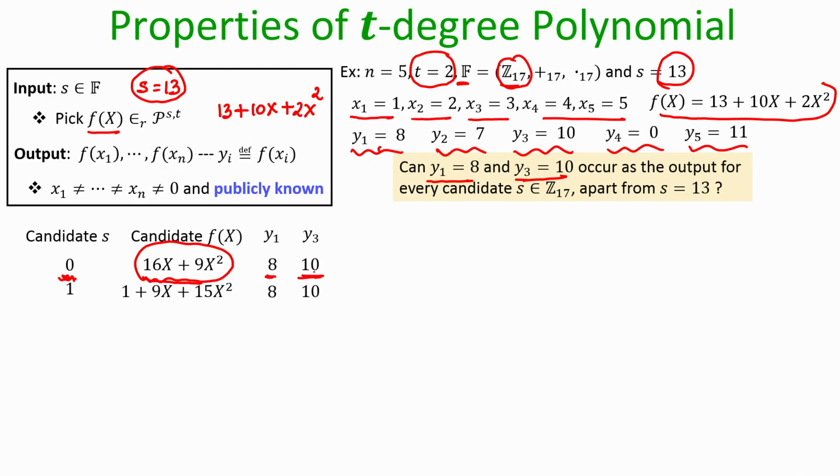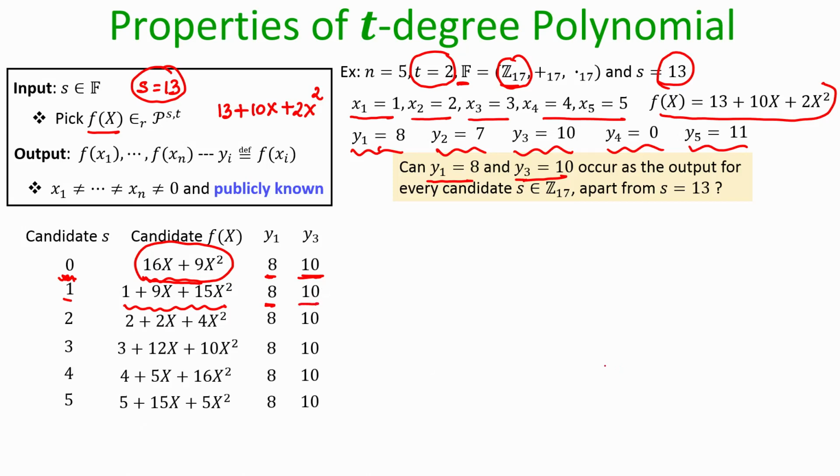Or if you ask in your mind whether my input was 1 in the experiment, well, that is quite possible if I would have chosen this 2 degree polynomial, and indeed this 2 degree polynomial when evaluated at x equal to 1 gives you 8 and when evaluated at x equal to 3 gives you 10.